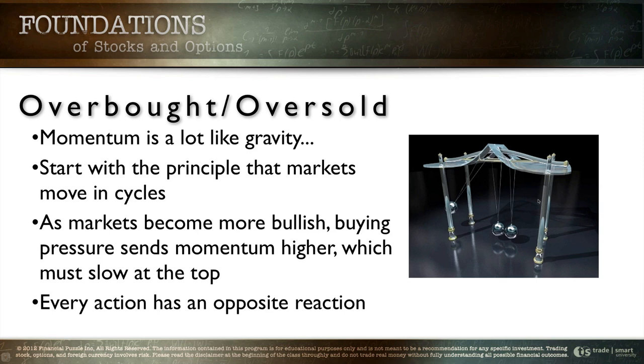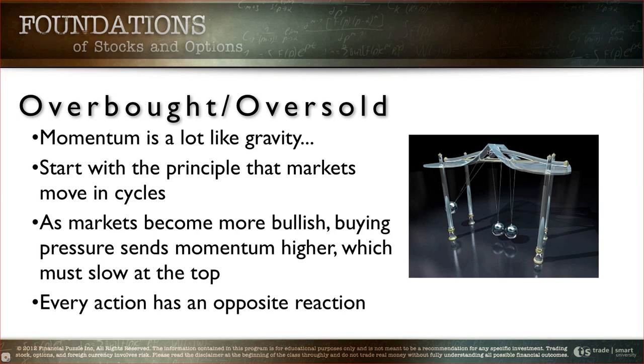And just because it's swinging in the opposite direction doesn't mean the trend is reversed. Let's say it was a bullish trend, it just means that bullish trend has gone as far as it can go before it has to have a rest or before it has some sort of a momentum killer that would swing back in the opposite direction. And then once that swing is done, the trend can resume. That's what overbought, oversold is attempting to measure.